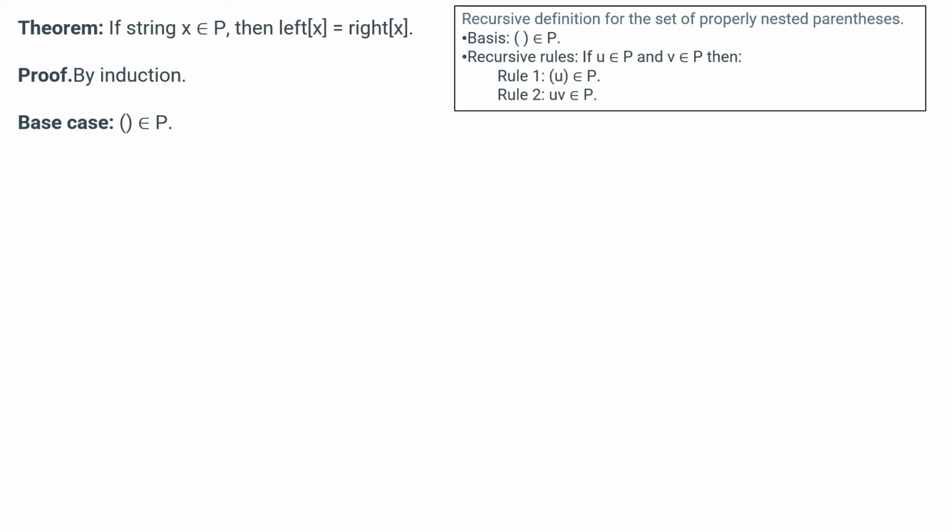And our theorem that we're trying to prove over here at the top left is that if some string X is in P, P being that set of properly nested parentheses, then X would be considered balanced. Left of X is equal to right of X. And we're going to prove that by induction. So first of all, we start with the base case.